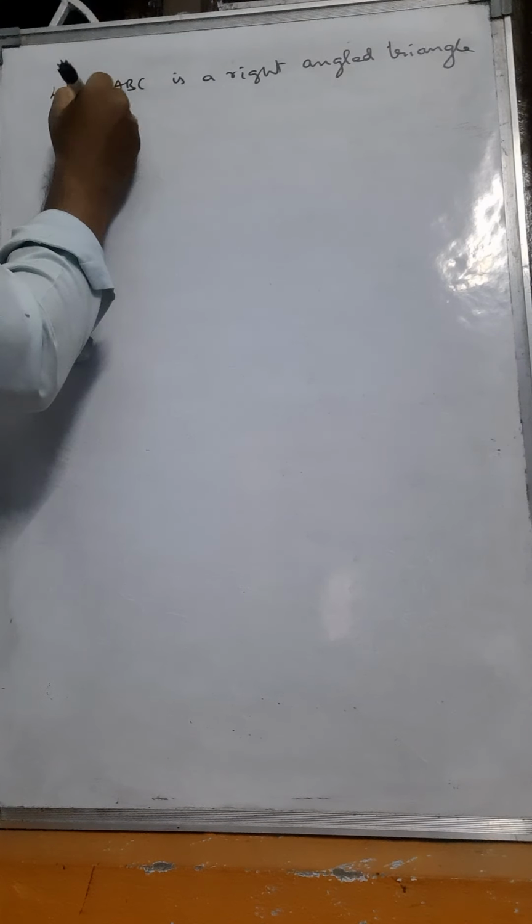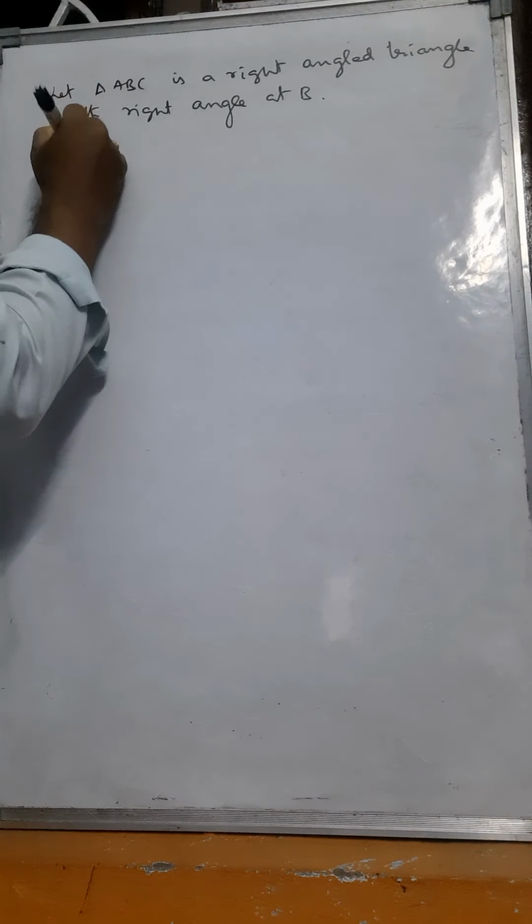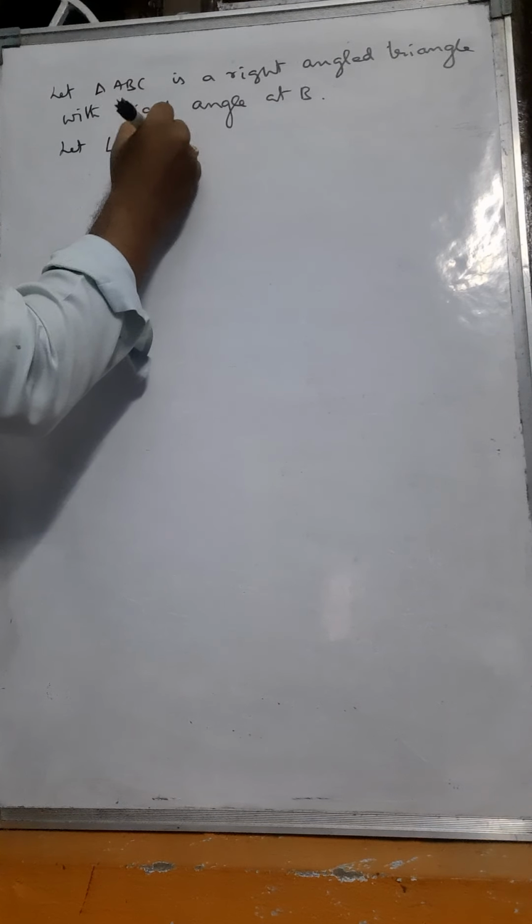Next I am taking let triangle ABC be a right angle triangle with right angle at B. Then what will happen? A and C are complementary angles. Now I am taking let angle A is equal to theta.